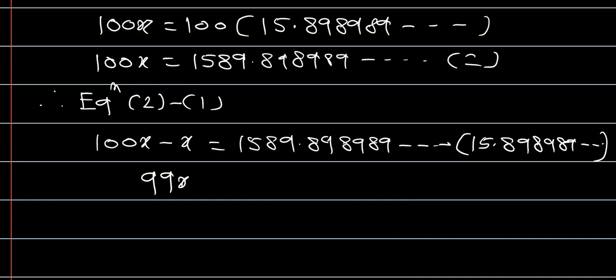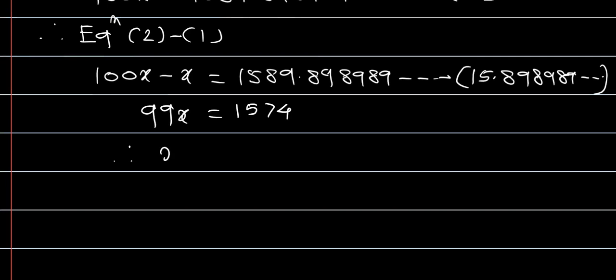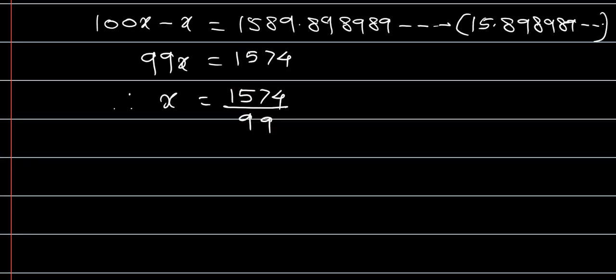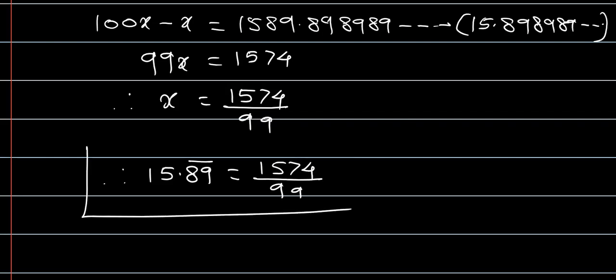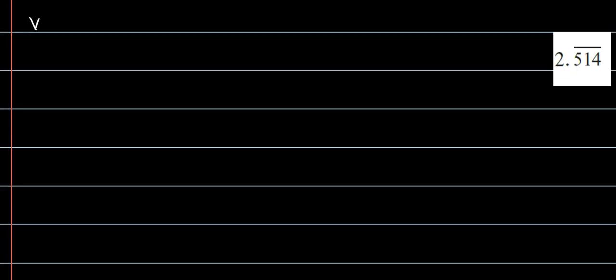Therefore, after subtraction, you will get 99x equals 1574. Therefore, x equals 1574 upon 99. Therefore, 15.89 recurring is equal to 1574 upon 99.